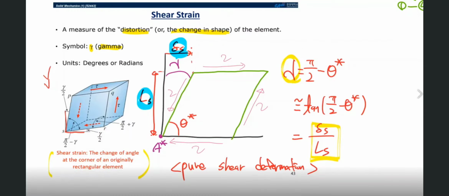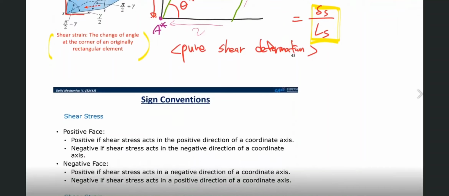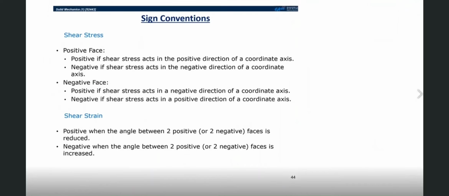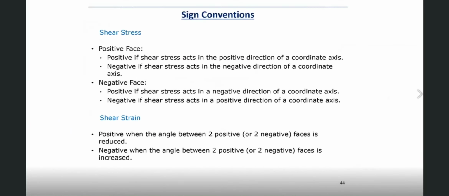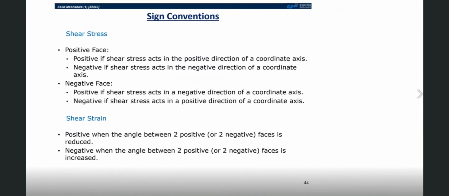Okay, then let's move on to the sign convention. In order to logically build up the relations between stress components, we have to follow the standard sign convention. Here is the rule of the sign convention for the shear stress.